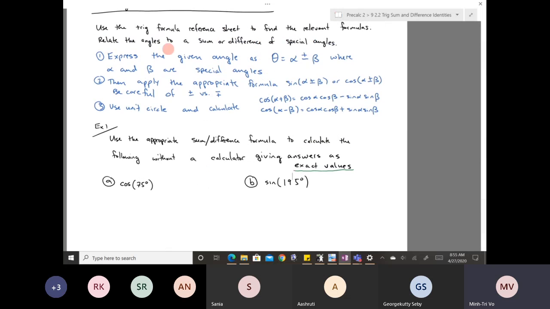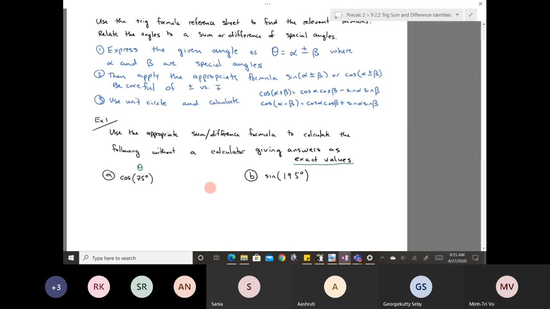The way we do it is to express the given angle as either a sum or difference of two special angles. For example, here theta is 75 degrees, and we write it as a sum or difference of two special angles. And typically there's more than one way to do it.